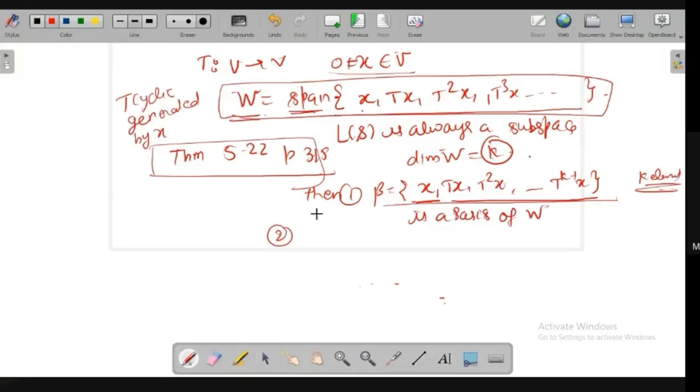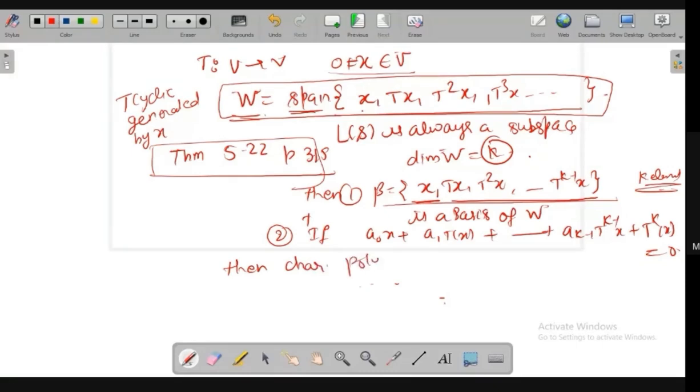Part B is that if a0 x plus a1 T(x) plus up to a(k minus 1) T to the power k minus 1 of x plus T to the power k of x is 0, then the characteristic polynomial of T_W can be written in the form of minus 1 to the power k times (a0 plus a1 t plus a2 t square plus up to a(k minus 1) t to the power k minus 1 plus t to the power k). We replace capital T by small t here.